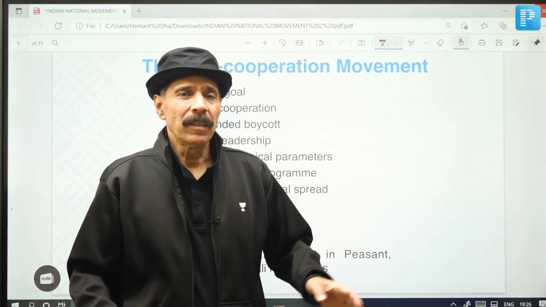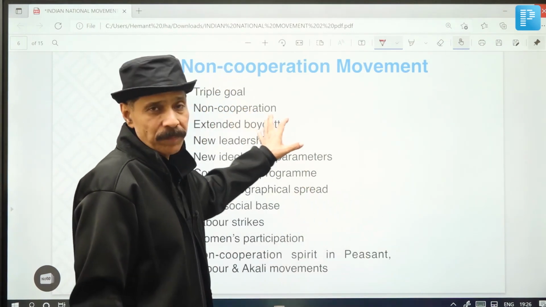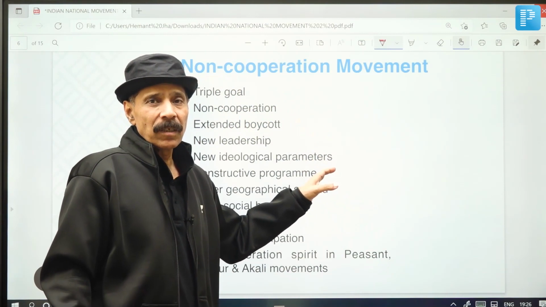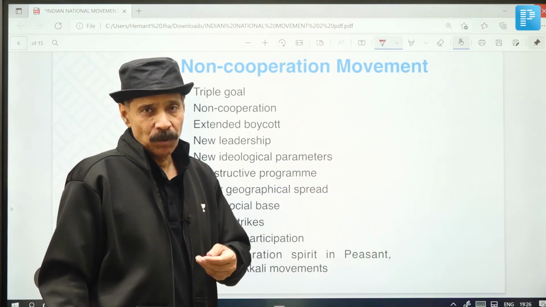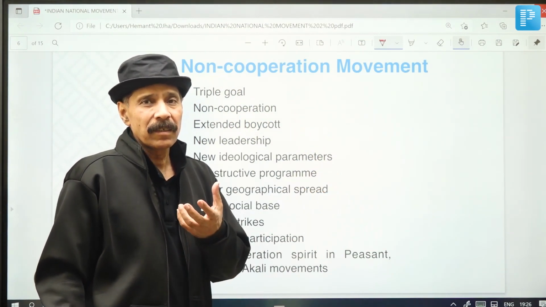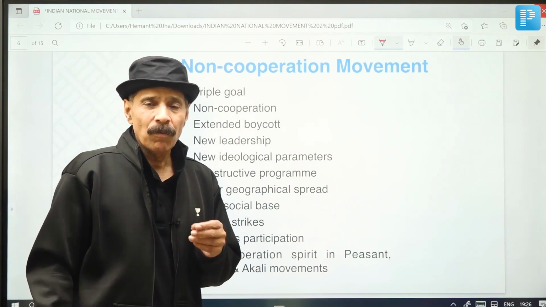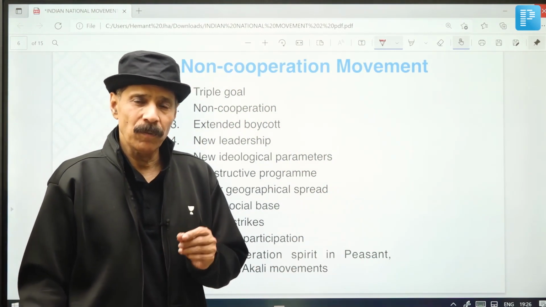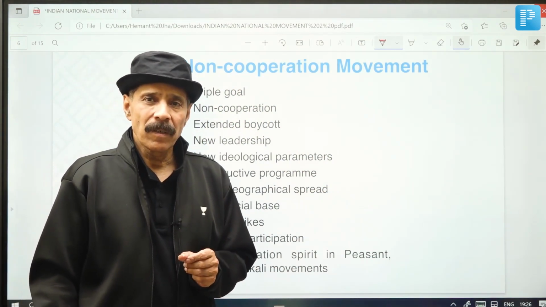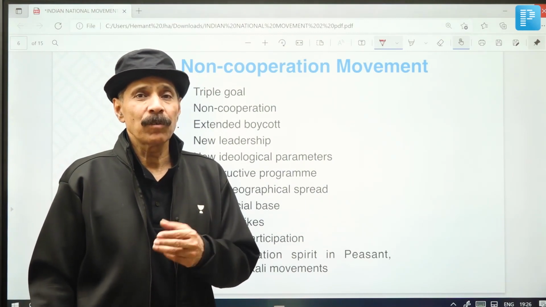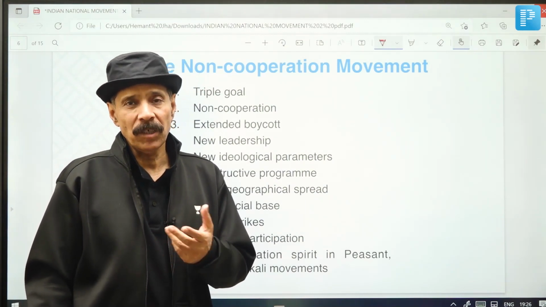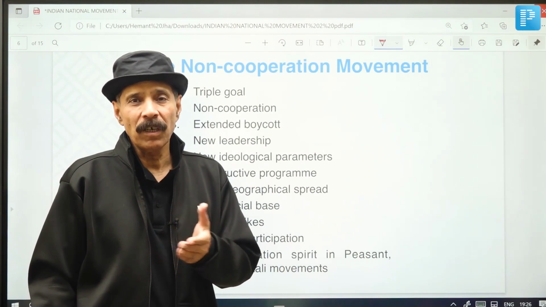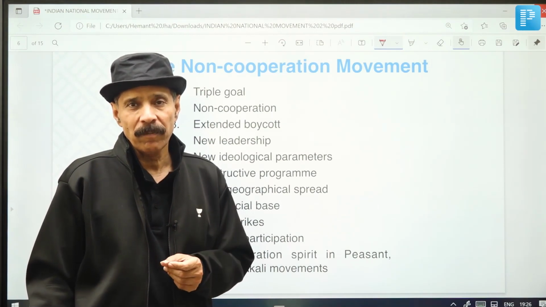And the non-cooperation movement I'm going to discuss, launched from the Congress platform, had three aims. One was the Khilafat issue. Second was Swaraj. Third was the Punjab wrong. Punjab wrong was related to the Jallianwala Bagh massacre.